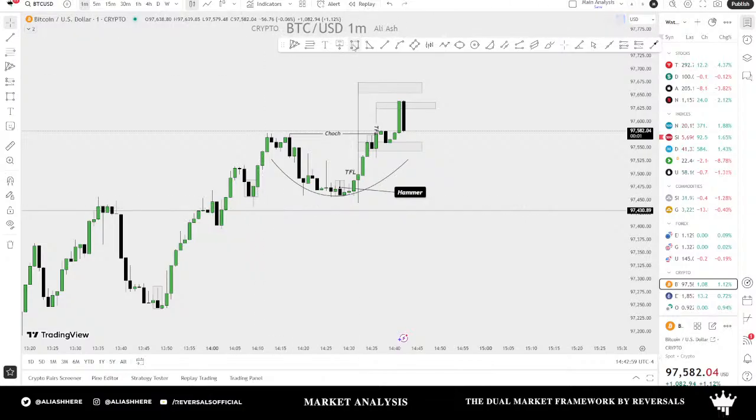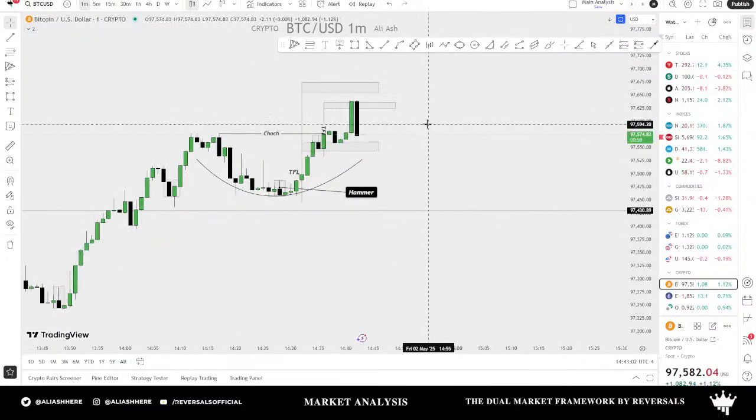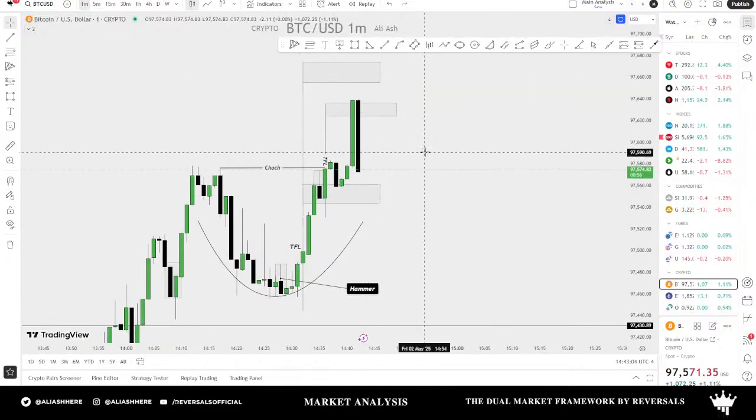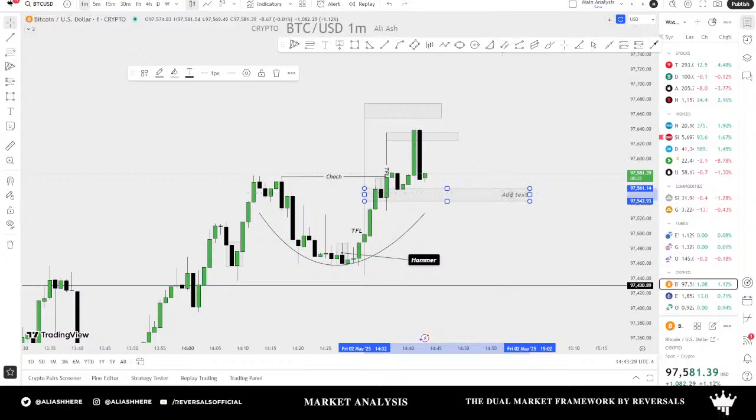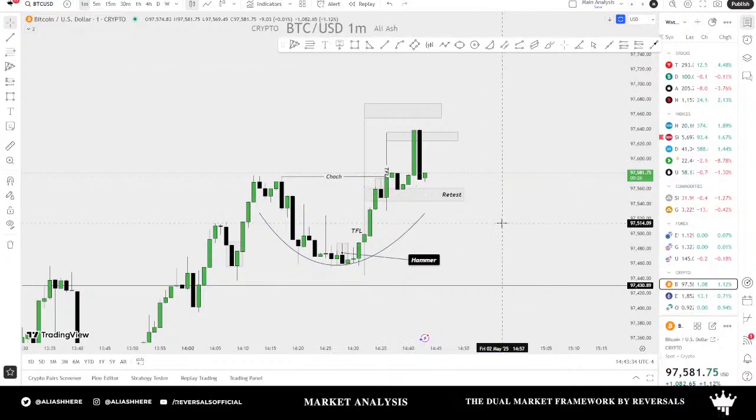And see, right on this line, we have the reversal. And here we go, this will be a retest. So the hammer will retest here. Let's see if it works.